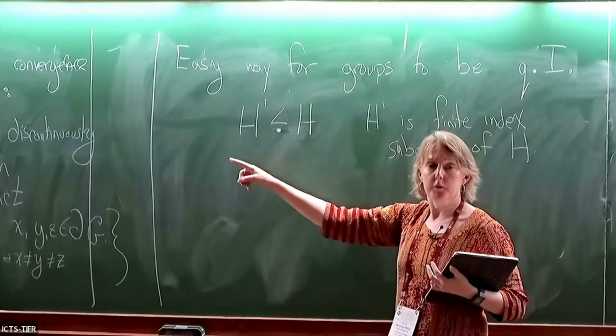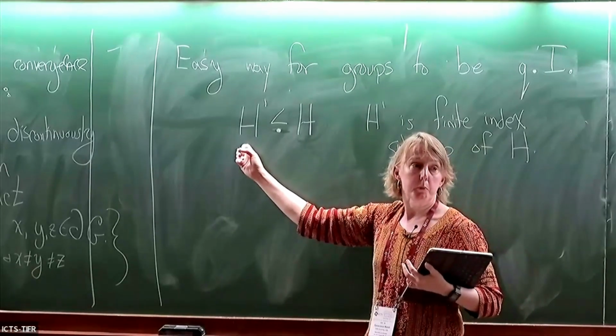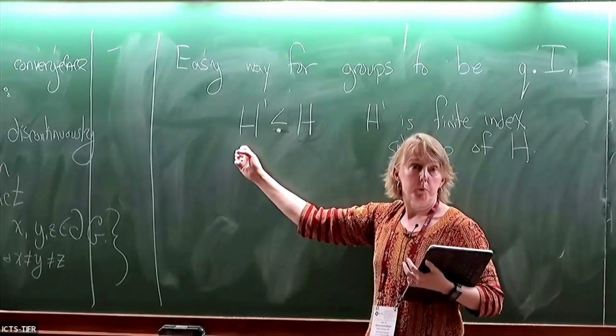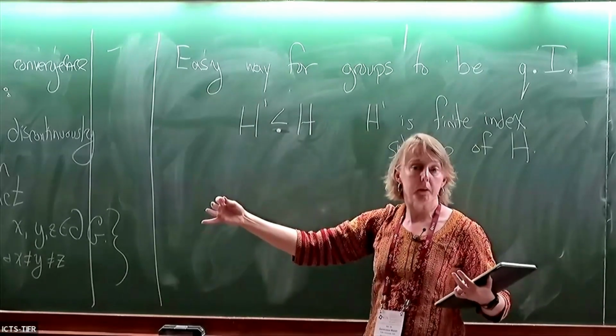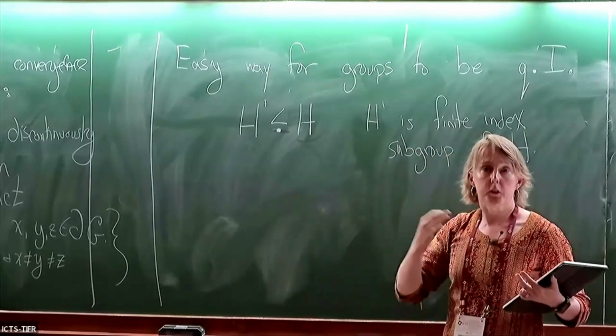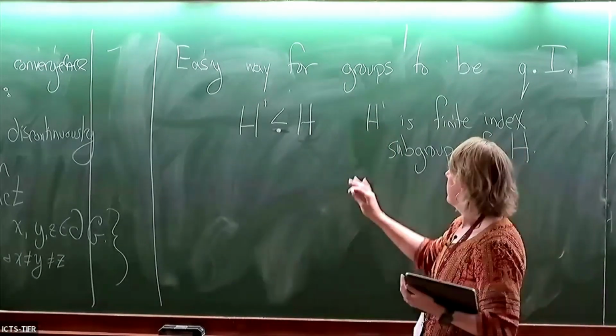To see this, I can just look at the Cayley graph of H, which I drew for F2, and then look at H prime acting on it. The action will still be by isometries, still properly discontinuous, and co-compact. It'll have a bigger fundamental domain, but only bigger by the index. That's an exercise to show.